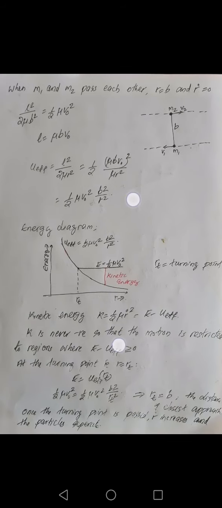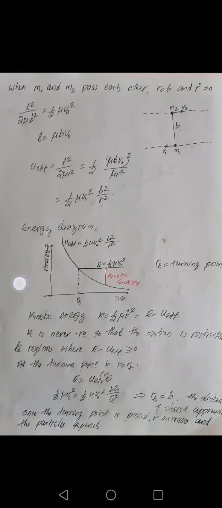From that we can calculate L. I am calculating the value of L in the following way. At this point, m1 and m2 are vertically opposite, with v1 in this direction and v2 in this direction. r is equal to b. Since b is a constant, r dot is 0.